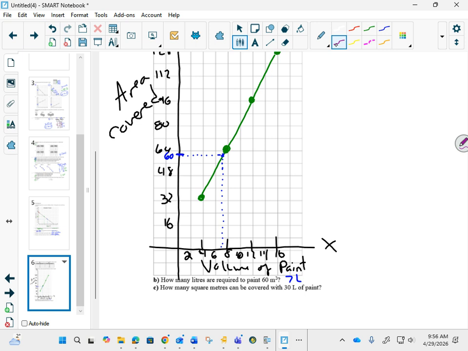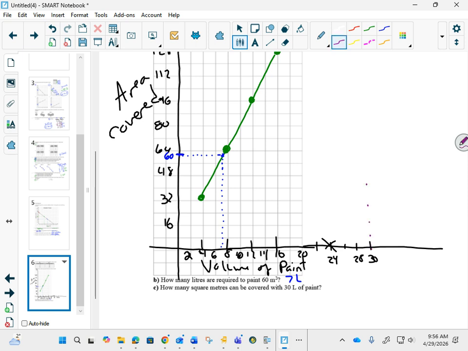Oh my goodness, what do I have to do? I have to extrapolate. And my liters of paint only went to 16. So I'm going to have to go 14, 16, 18, 20. I should have read ahead because if I would have, I might have made my scale a little bit different. But 20, 22, 24, 26, 28, 30 would be here.